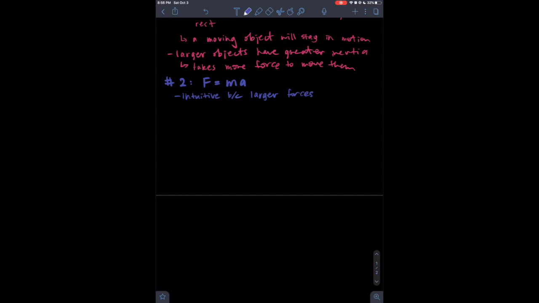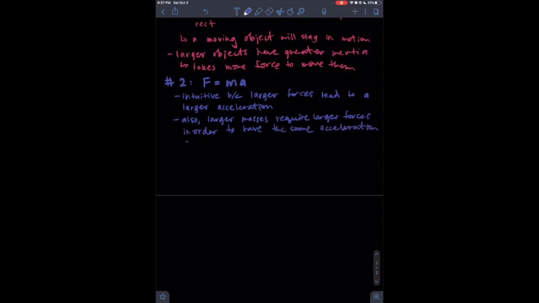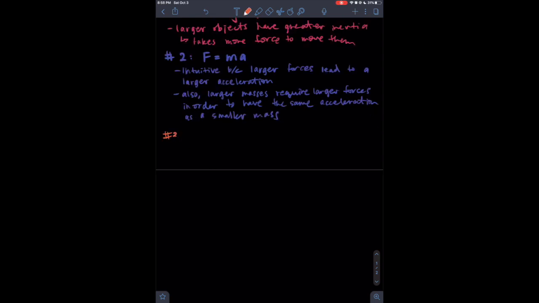F stands for the force, and m is for mass, and a is for acceleration. This law is very intuitive because larger forces lead to a larger acceleration. Also, larger masses require larger forces in order to have the same acceleration as a smaller mass.